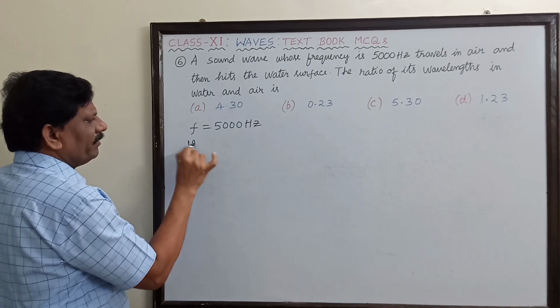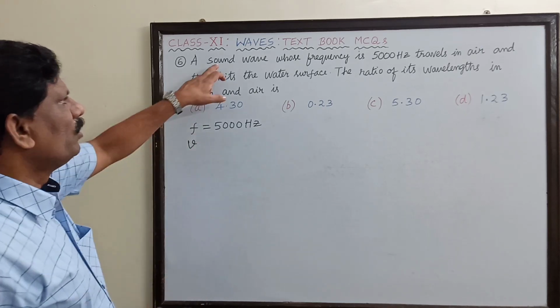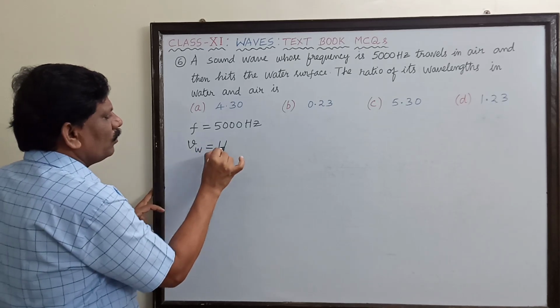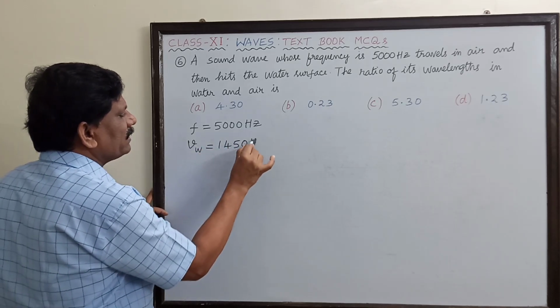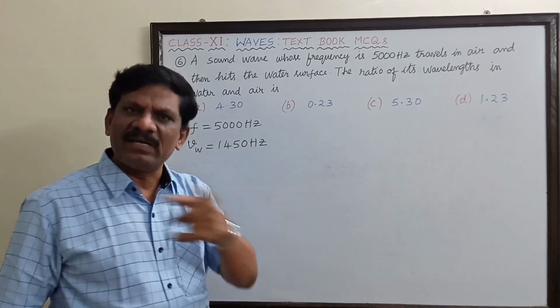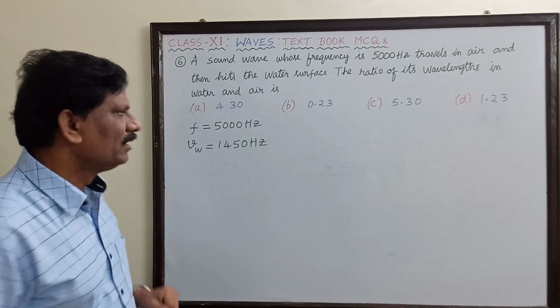Now the velocity of sound waves in water is equal to 1450, so this is a standard value which is not given in the question. We are supposed to assume the value.